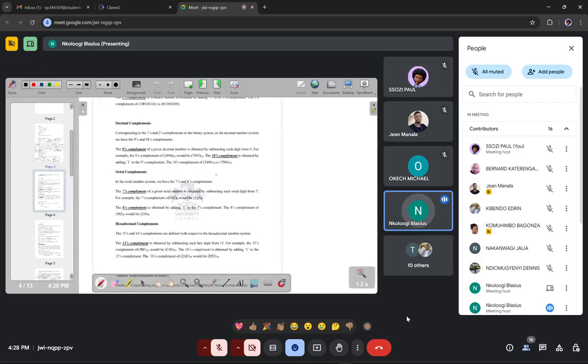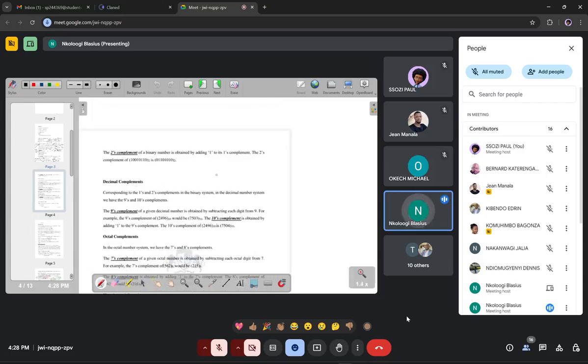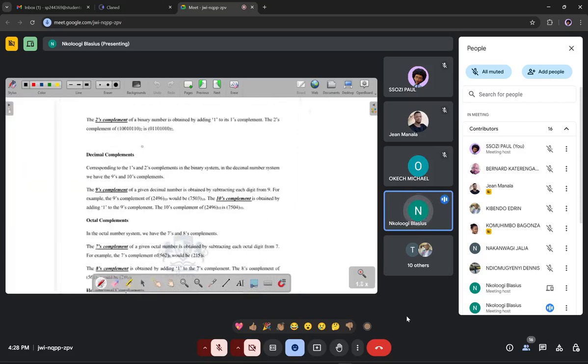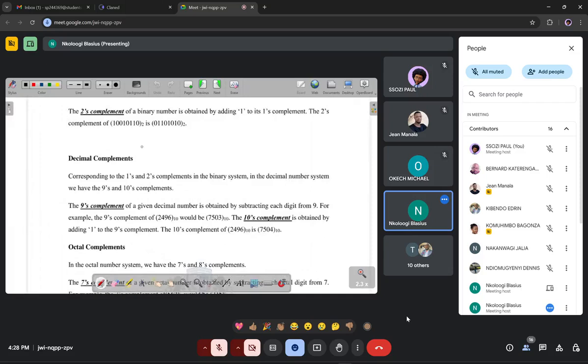So we have seen and we have tried to understand the one's complement. Our goal is going to be focusing on four different number systems.